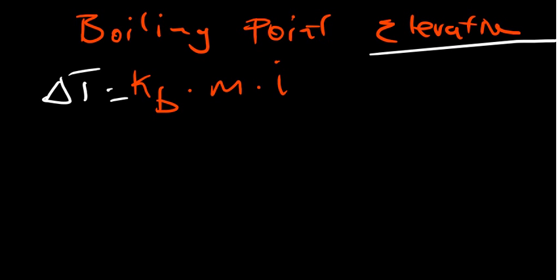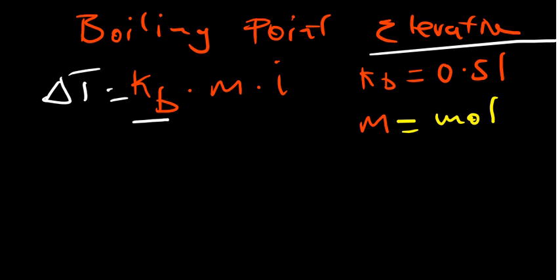Kb is going to be given as a constant. For water, the Kb value is 0.51. Then the molality, with a small letter m, denotes the number of moles dissolved in a kilogram of solvent. That is what molality means.